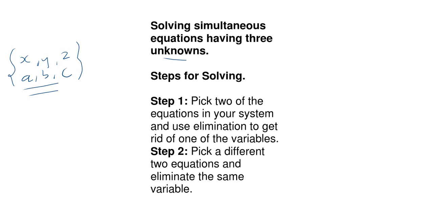So the first step, you pick two of the equations in your system and use elimination to get rid of one of the variables. So using the normal elimination, you pick two of the equations, eliminate one variable. In step 2, you pick other two and you eliminate what you eliminated in step 1.